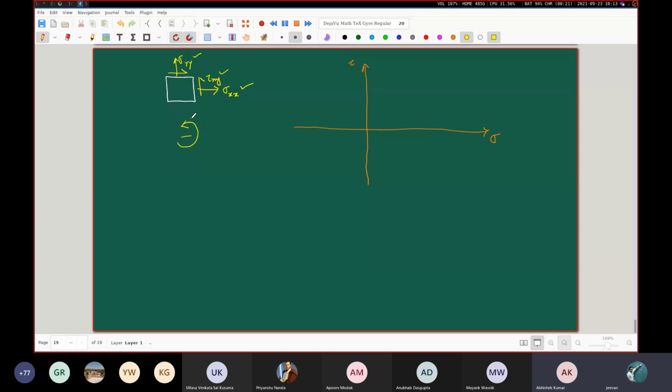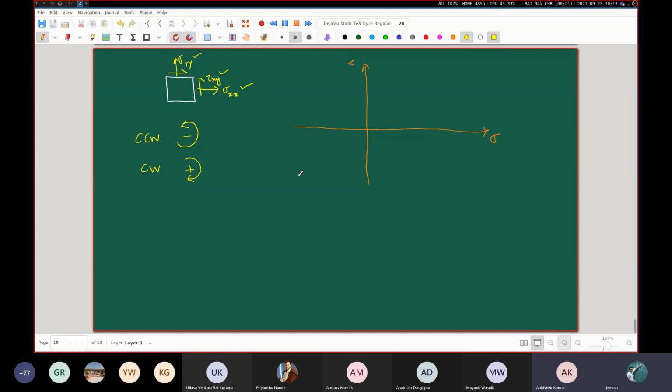Okay, so counterclockwise is taken as negative in this sigma tau plane, and everything that is clockwise, like this, has a tendency of rotating the stress element clockwise, that is taken with a positive value in this sigma tau plane.